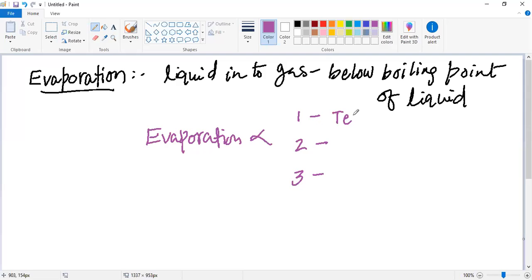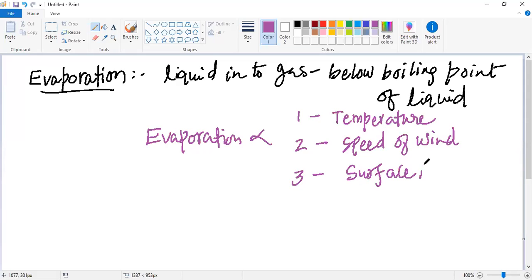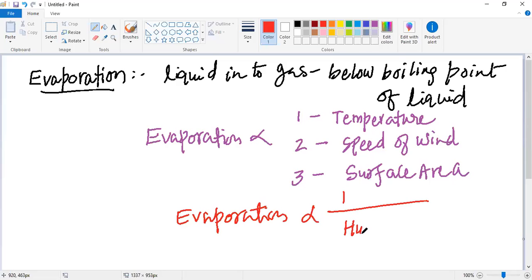One is temperature, another is speed of wind, and the third one is surface area. And evaporation is inversely proportional to humidity.